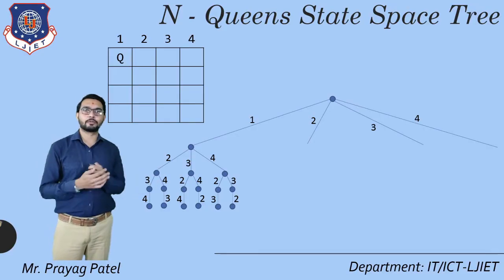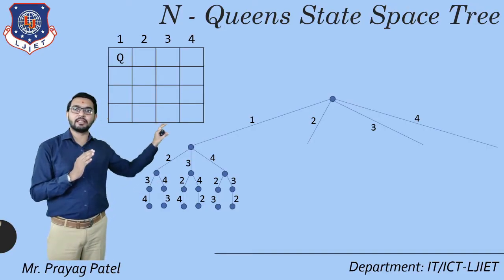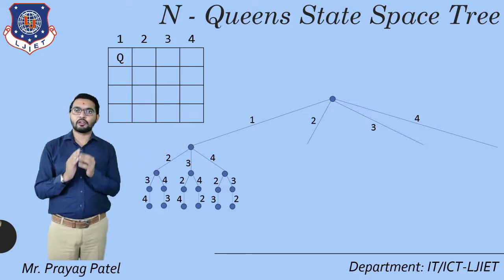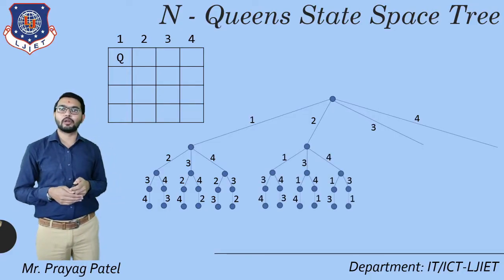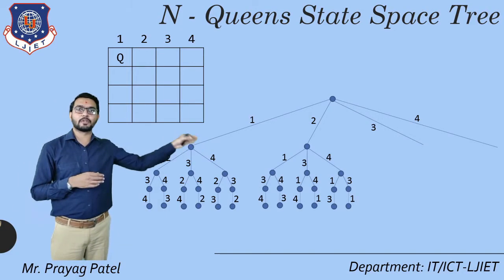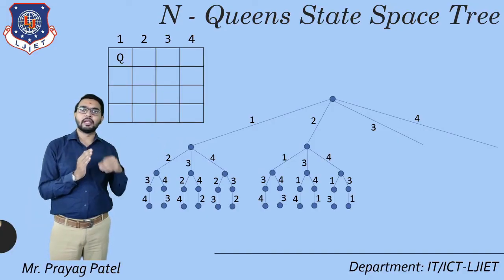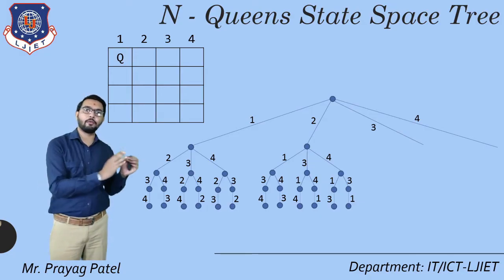Now consider the second option. If we put the first queen in the first column, then this is your solution. But if we put the first queen at column number 2, then consider the columns 2, 3. So the second option is considered as the first. If you put the queen in the second column, then the next queen can be at column 1, 3 or 4.